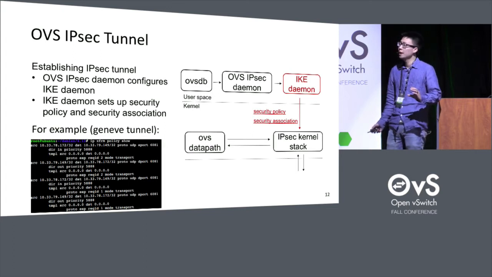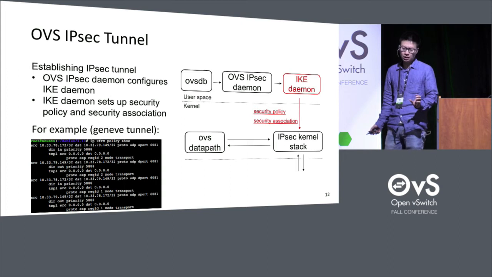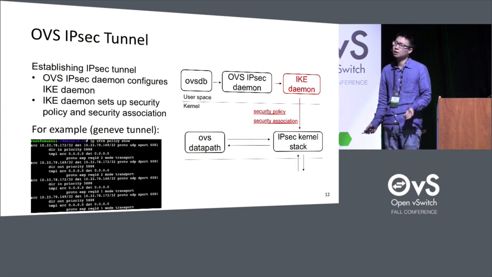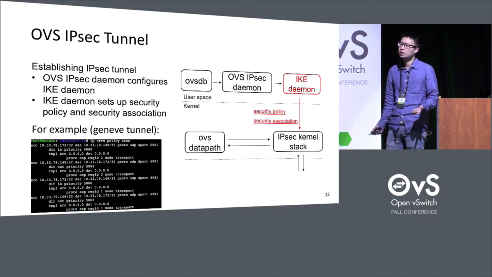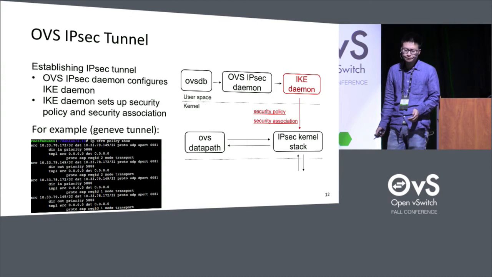These policies match based on the UDP source port and the destination port of the UDP field. The port number is 6081, which is actually the one used in the GENEVE tunnel packet.